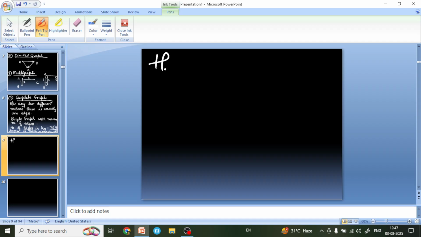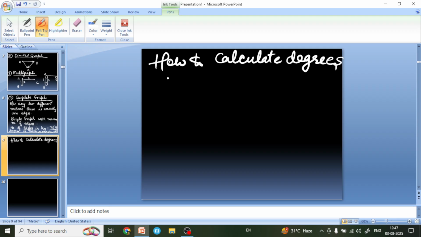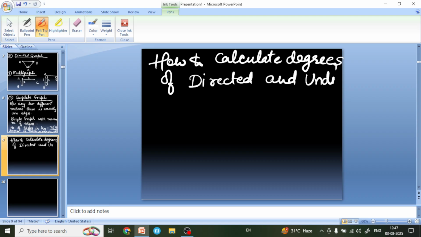How to calculate the degrees of a directed and undirected graph?